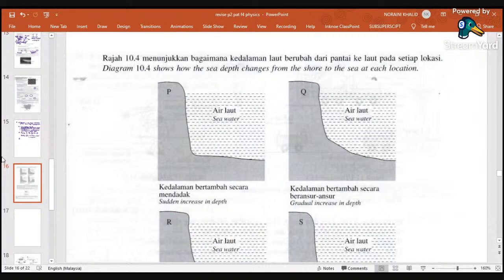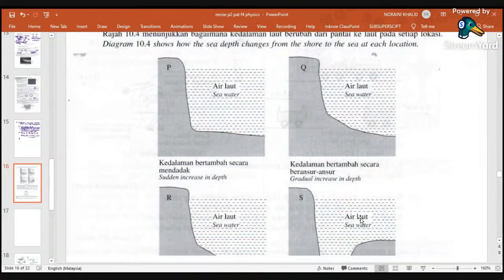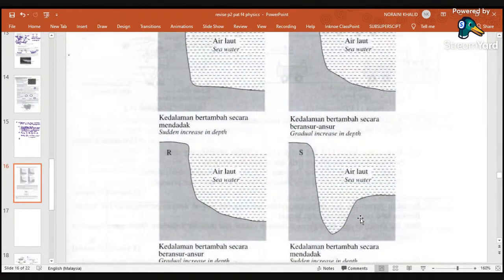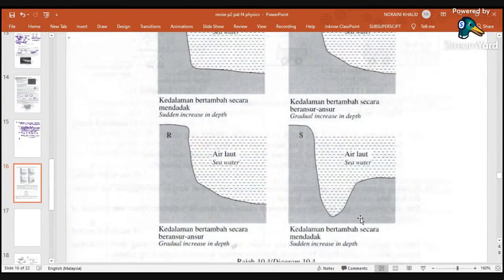Okay, so you look at the depth of the sea. So which one will we choose? Is it a sudden increase in depth or a gradual increase in depth?